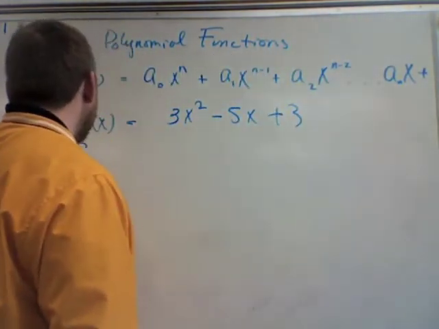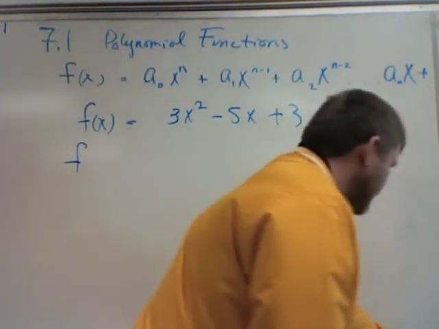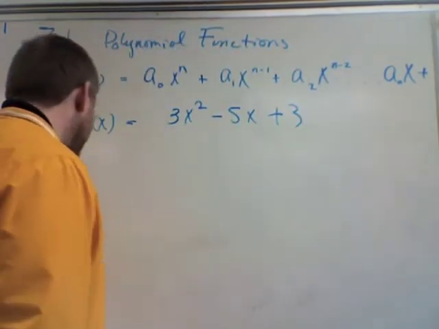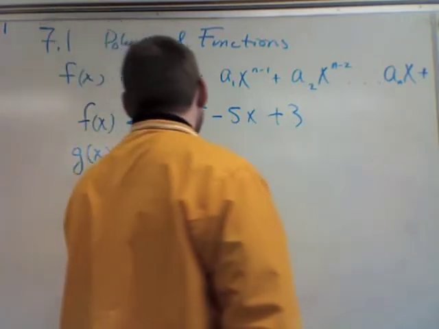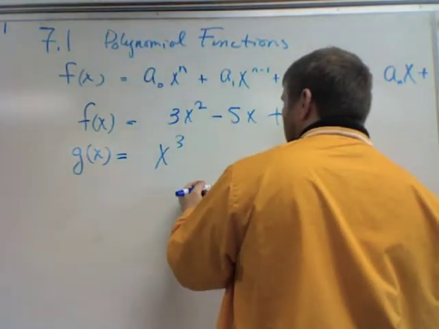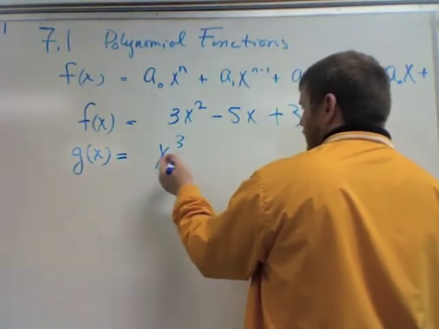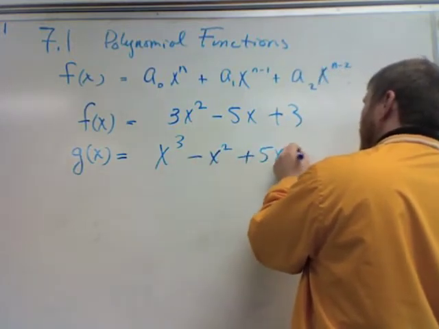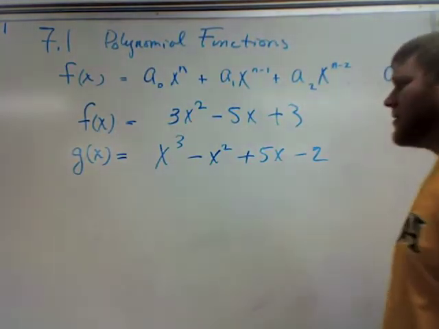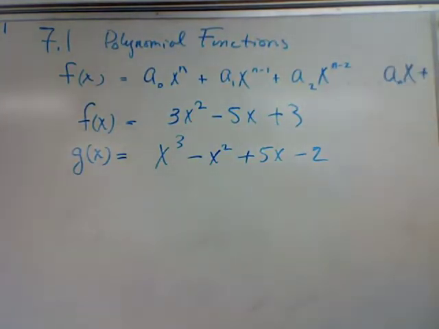Now our goal should be, let's call this function a different name. Let's call it g of x: x cubed minus x squared plus 5x minus 2. Descending order, from greatest to least.